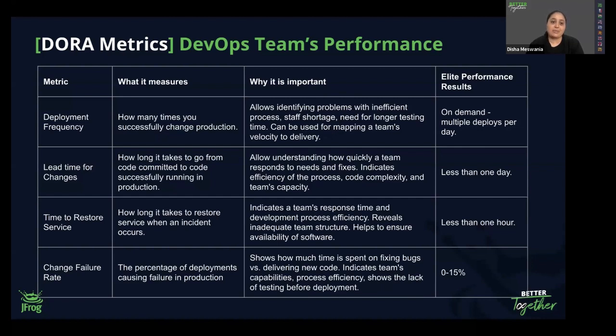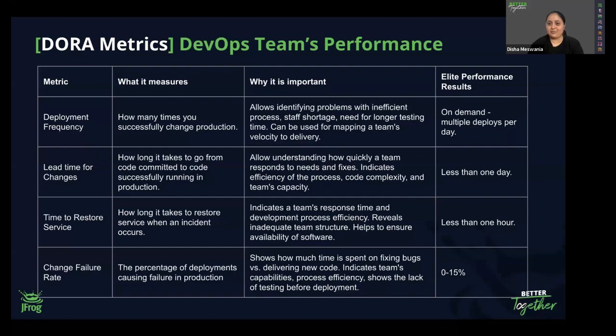So based on this, they divide the category of DevOps performance of a particular organization into low, medium, high, and elite performances. The elite performance results are basically based on these four criteria: the deployment frequency, lead time for change, time to restore the service, and change failure rate, right?